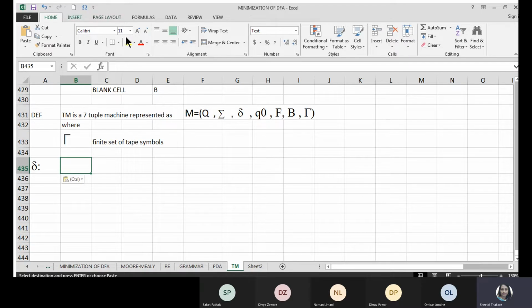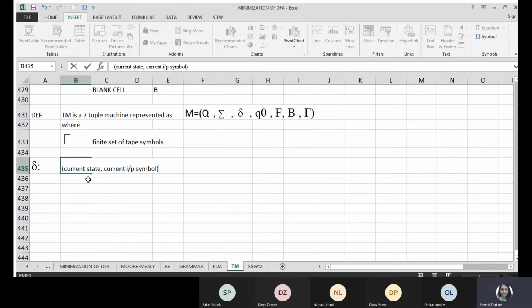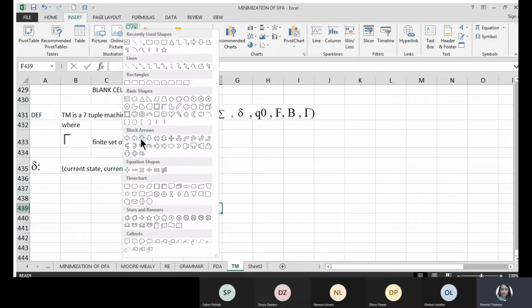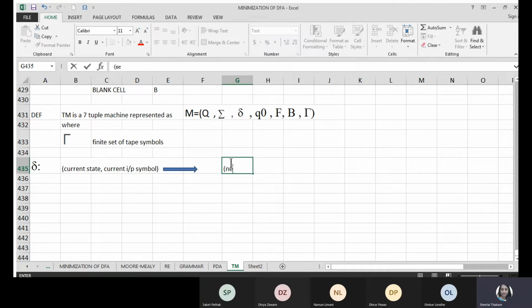What it is giving you? Mapping is current state, comma, current input symbol. It is giving you what? Giving you next state. It gives you modified or unmodified tape symbol.